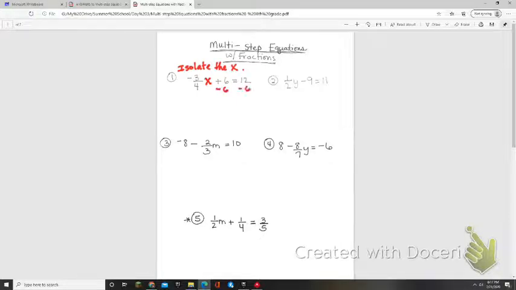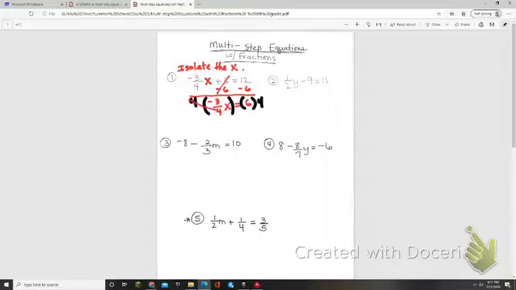So I subtract 6 from both sides. So I get negative 3/4 x equals 6. And then I can multiply by the reciprocal here, or I can just multiply both sides by 4. Depends on how many steps you want to do this in.